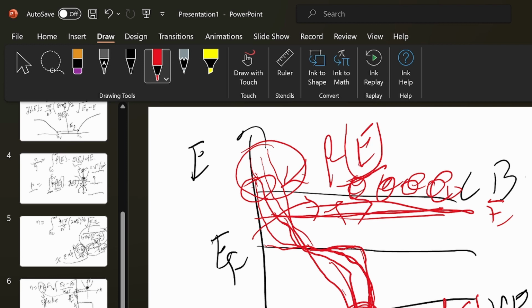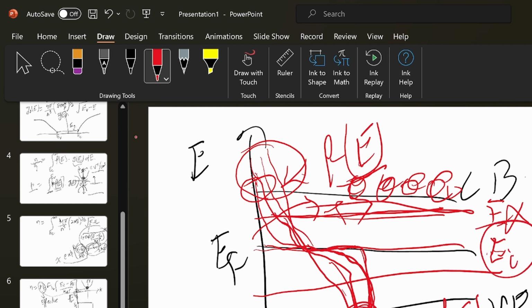If the Fermi energy is not here but below, at EI, the intrinsic Fermi level, so if the Fermi level is below the intrinsic Fermi level, the number of holes will be more. P will be more than N, so it will be a P type semiconductor.